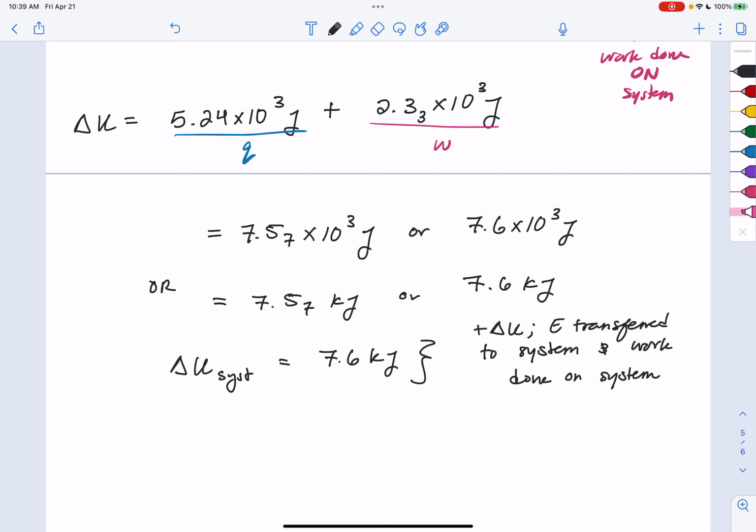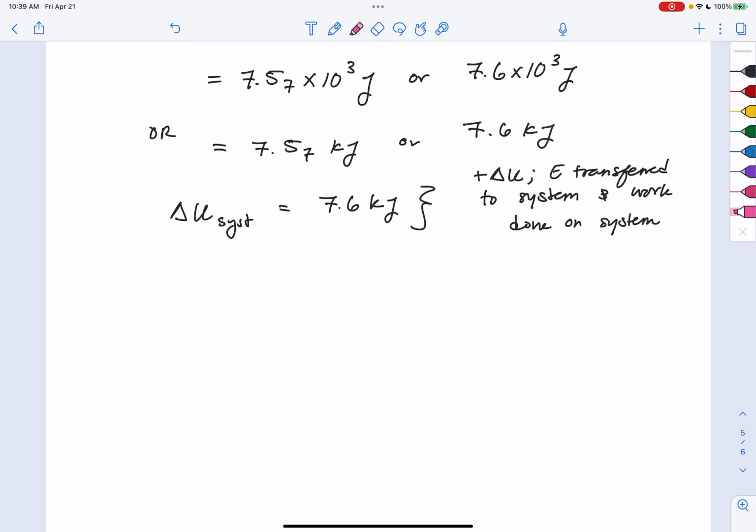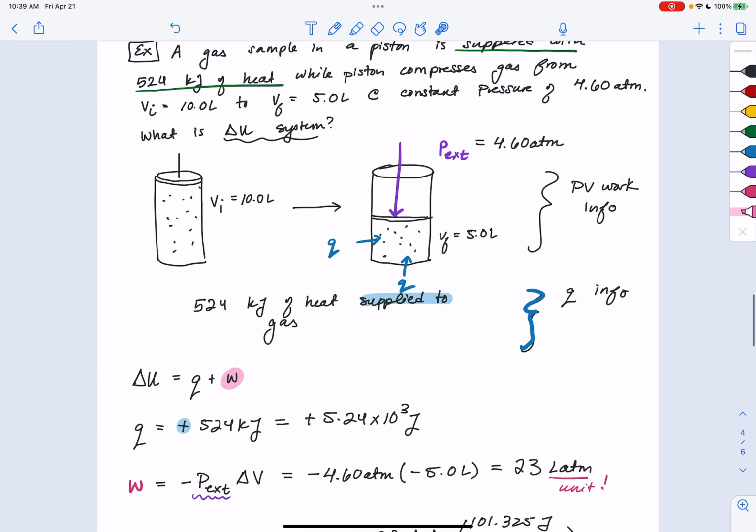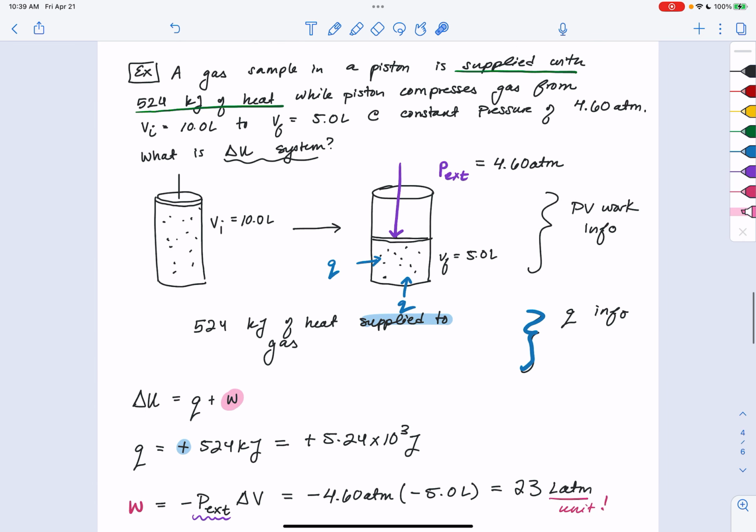Two ways of saying the same thing. We had thermal energy that was indeed transferred to the system as heat, right? And then we also had work that was done on the system because we had compression. So we have this positive sign in our change in total internal energy of our system, which tracks with what's going on here in terms of how heat and work are being transferred.